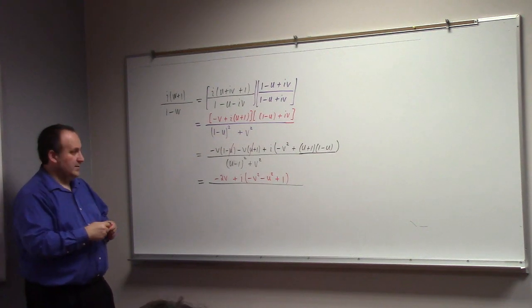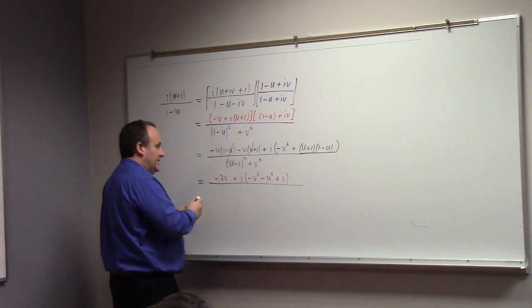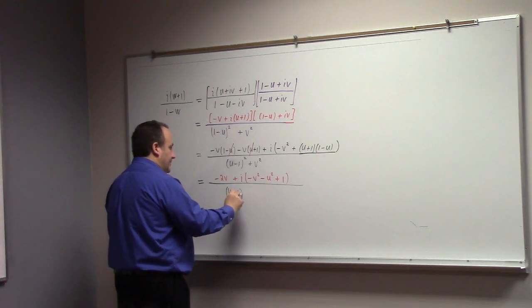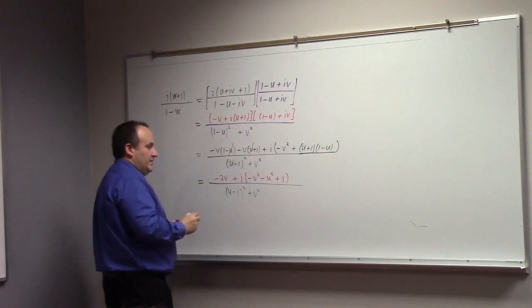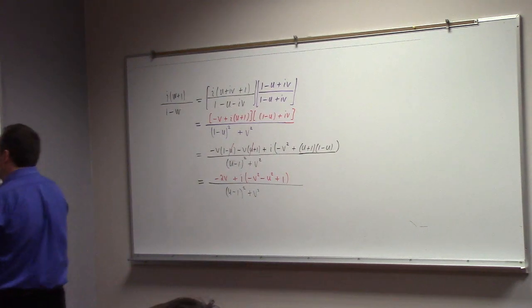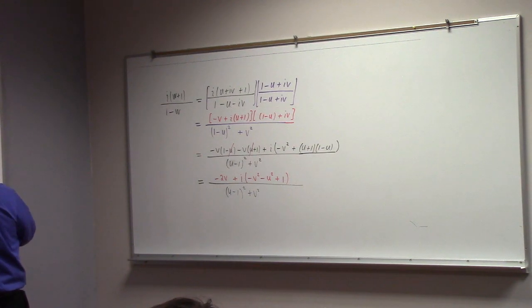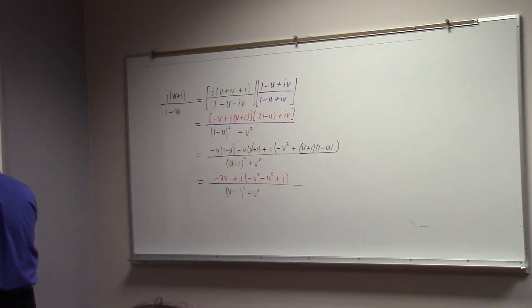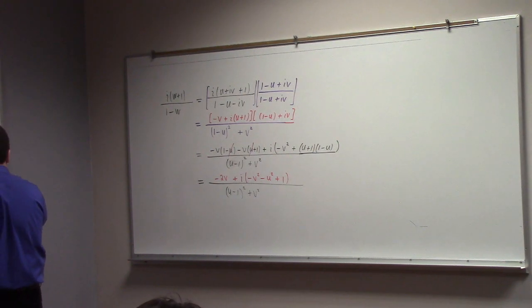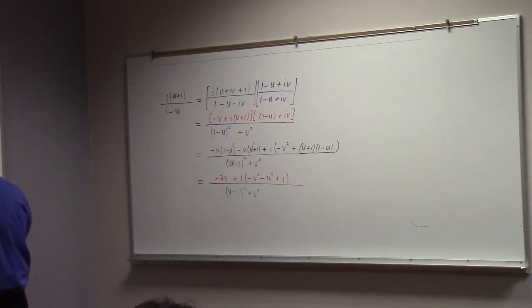You agree? And then, of course, the denominator is still what it was. So, lo and behold, we have figured out that x is equal to minus 2v divided by u minus 1 squared plus v squared. And we found that y is equal to 1 minus u squared minus v squared divided by u minus 1 squared plus v squared, right?